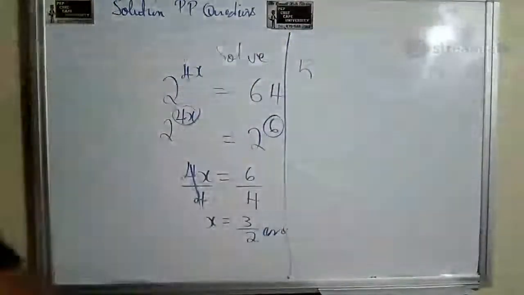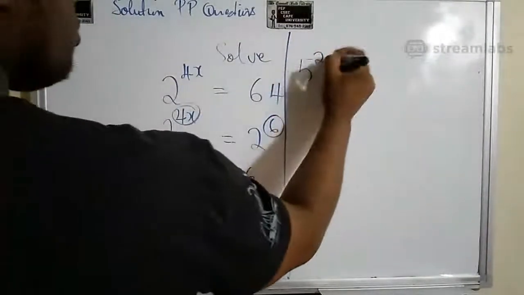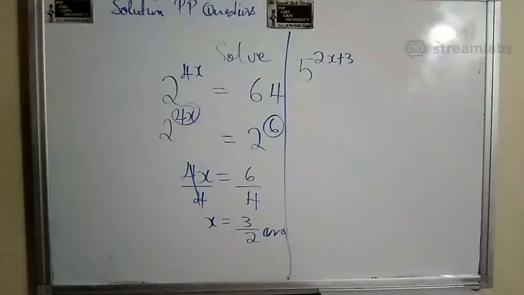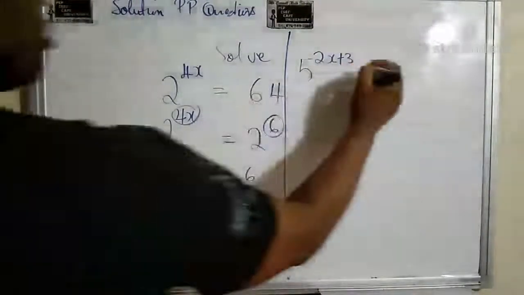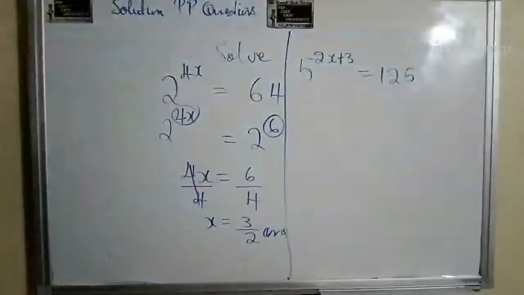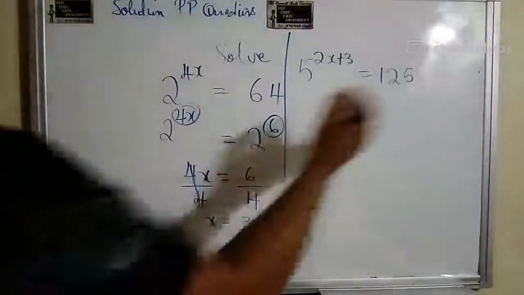So 5 to the 2x plus 3 is equal to 125 to the x plus 5. Alright.